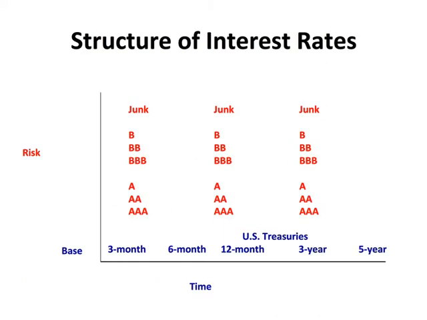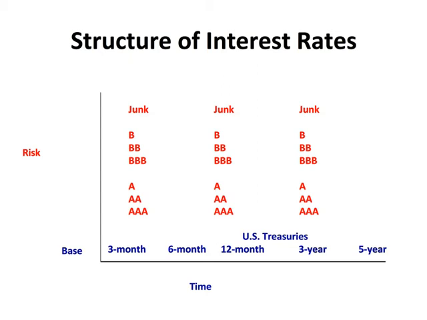Here is what that structure of interest rates looks like from a graphical standpoint. On the horizontal axis is time: 3-month, 6-month, 12-month, 3-year, and 5-year in this example. The base rate is typically represented by U.S. Treasuries, which are in blue here, and they're at the bottom. Then the vertical axis gives risk, and as we go up that axis, we have higher interest rates.